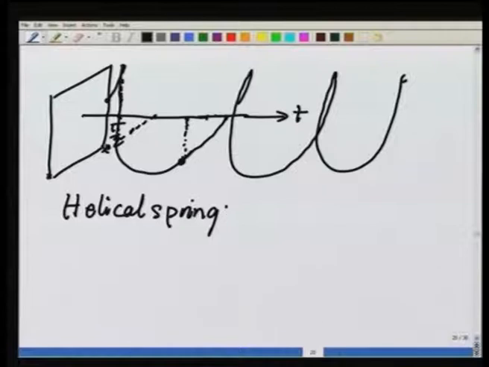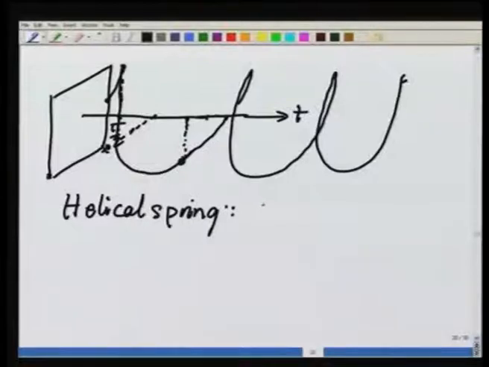The helical spring is thus a good way to understand the plot of the imaginary exponential, x of t equal to e to the j omega t, for different points of time. Now, is this a right handed spring or a left handed spring?